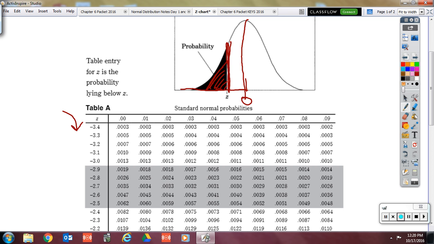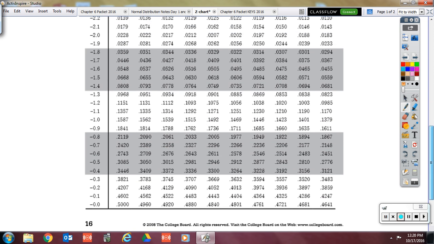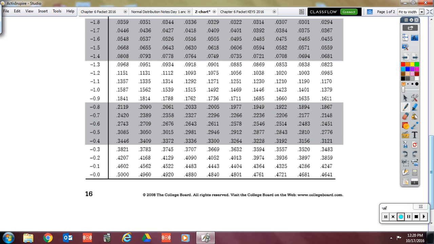So all of the areas on the left-hand side would be how much? Less than 50%. Good. If you look down at the bottom, the biggest number on this side is 0.50, which is 50%.